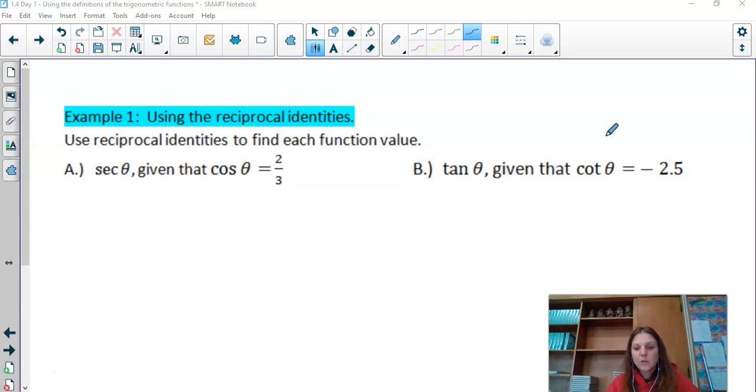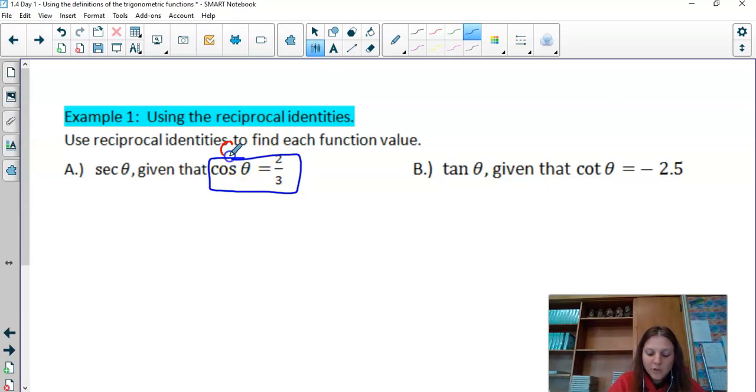What I like to do is start by identifying what is given and what I'm trying to find. Okay, so here's what I know. Secant of theta, given that the cosine of theta is 2/3. So this would be my given information, and this information is what I'm trying to find.